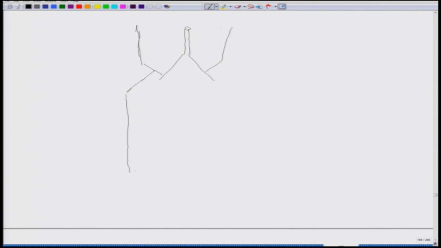You have one port coming out like this, another port coming out like this. The other side you have a port out here, and there is another port out here, and I will label all the ports. It will be very clear to you.